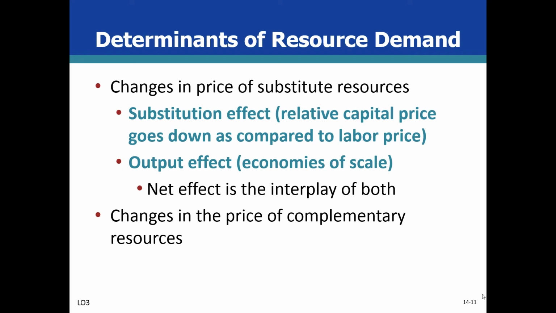In practice, the substitution effect and the output effect actually happen at the same time. And the net effect on resource pricing is the interplay of both of these factors.